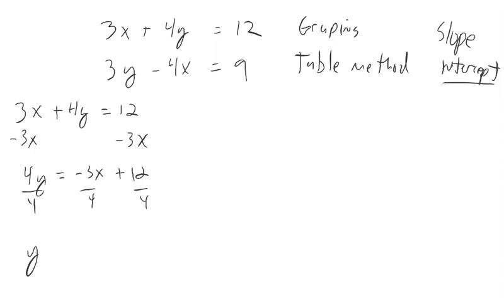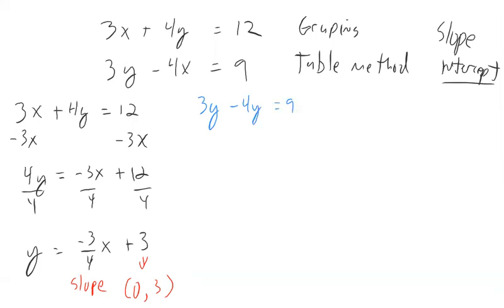Y equals negative 3/4 x plus 3. So I know my intercept is the point 0, 3, and this is my slope of negative 3/4. Then I solve the second equation. So 3y minus 4x equals 9.